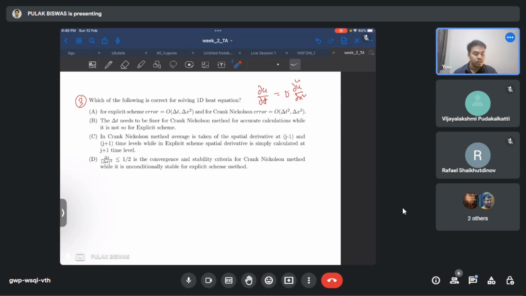For explicit, delta T cannot be any value. Some criterion is there, and that criterion is that delta T by this one should be less than half for the explicit scheme. But for Crank-Nicolson, nothing is required, it already satisfies the condition. And for Crank-Nicolson, the spatial derivative is calculated at, no, this one is also wrong, so this one is correct.